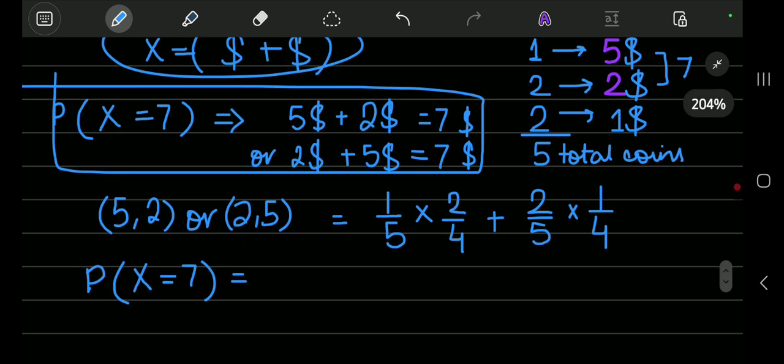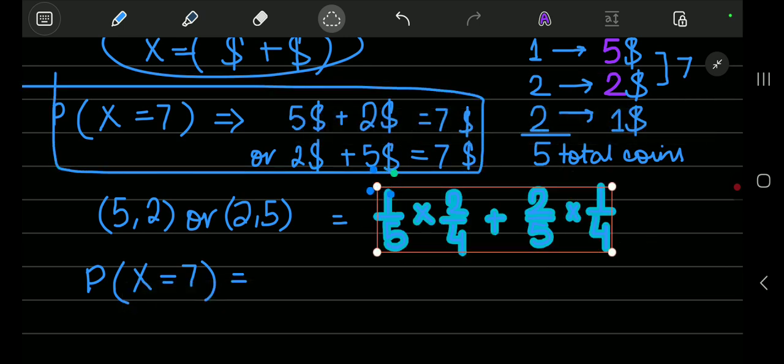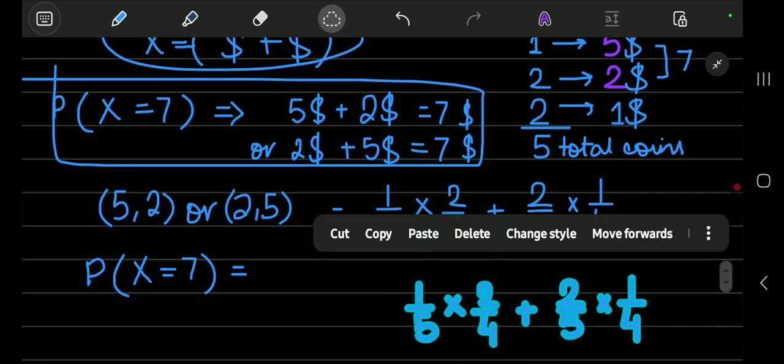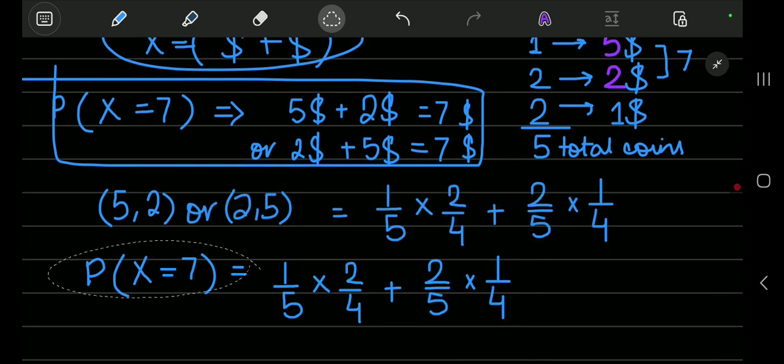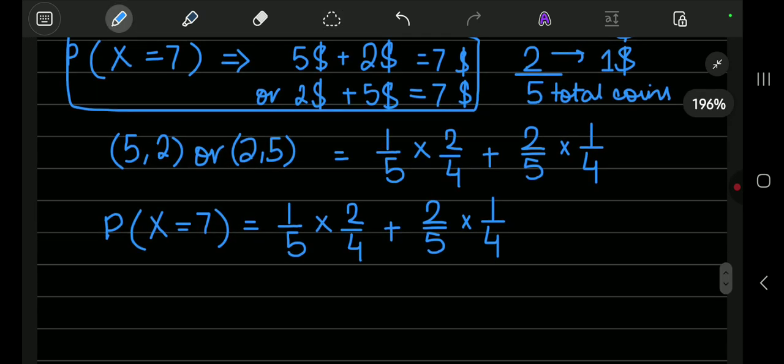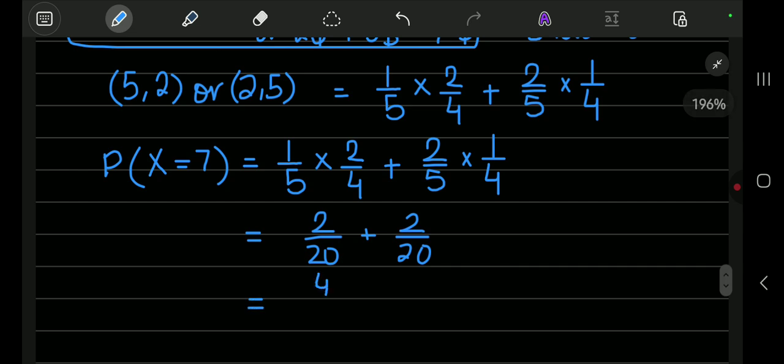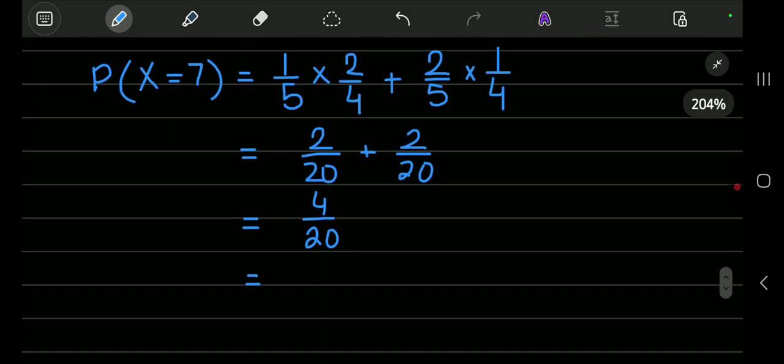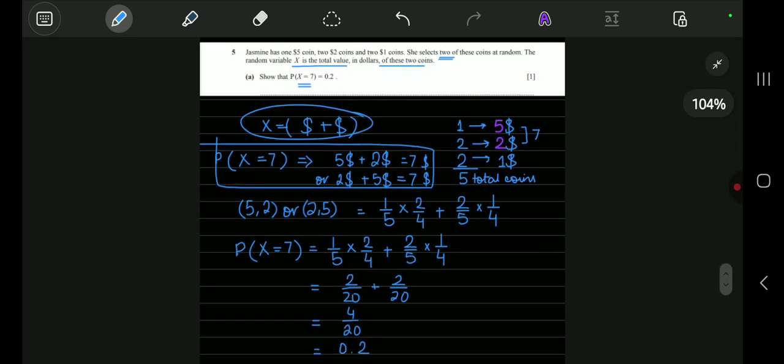So this will be your total probability: 2/20 plus 2/20, which gives you 4/20, and that gives you 0.2.